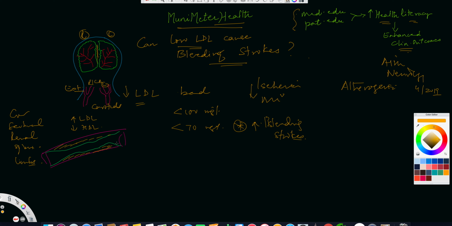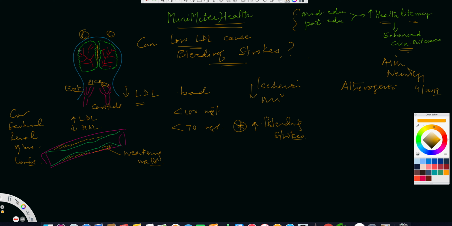Again, the hypothesis here is this: the lower the LDL, especially in the range of 50, 60, and 70, can actually weaken these walls. The weakening of the walls, or the endothelium, has been the reason why such bleeding strokes have occurred.